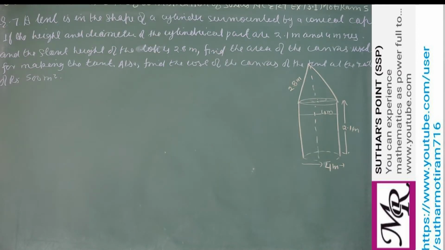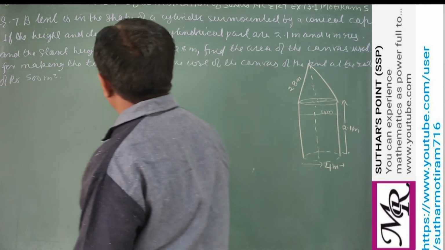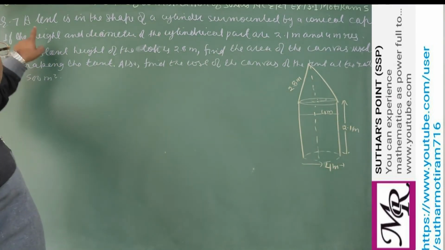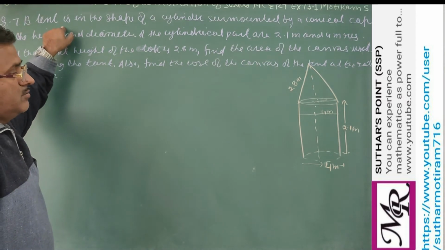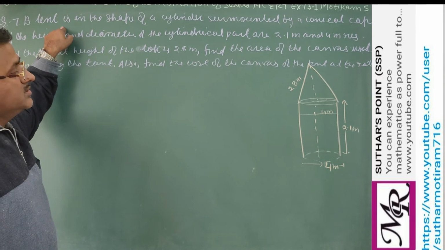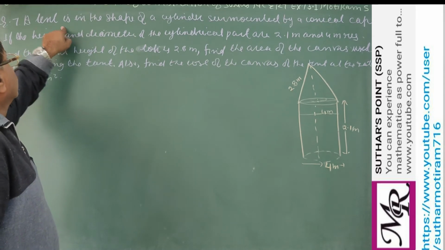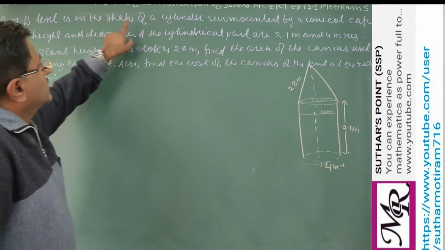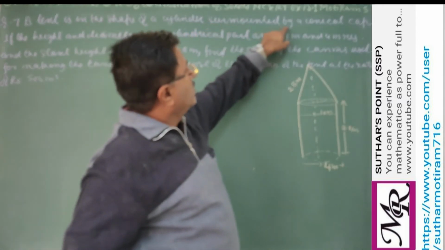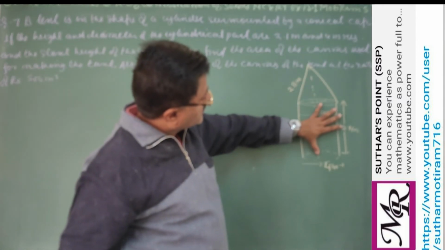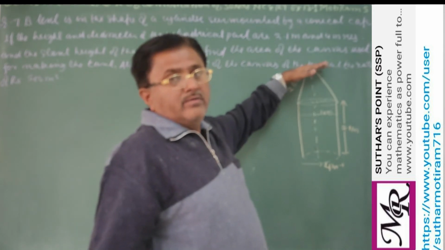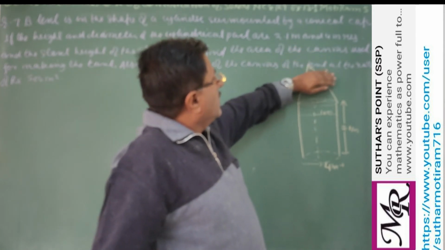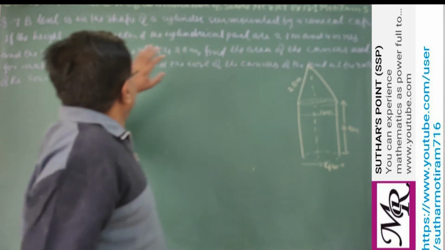Next, question sheet, question number 7. A tent is in the shape of a cylinder. You are already familiar with a tent, which generally has its base in the form of a cylinder and its top in the form of a cone. So, a tent is in the shape of a cylinder surmounted by a cone. This is the base in the form of a cylinder and its top is the cone or conical cap.